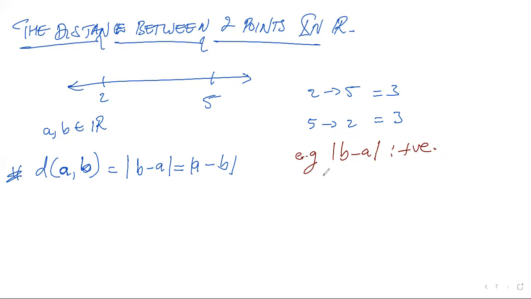Now, if A minus B is negative, if what is inside is negative, then we're going to simplify it and write it as negative of A minus B. When you simplify, skipping this step, you get negative A plus B, which can be rewritten as B minus A, which is simply that.